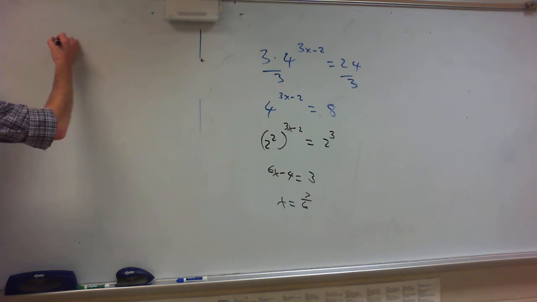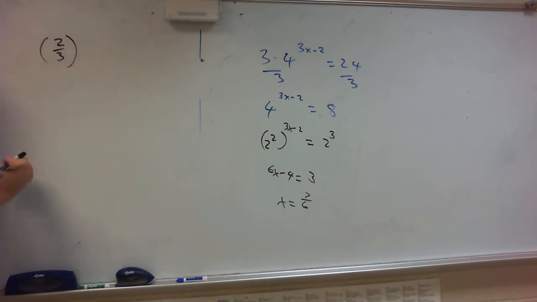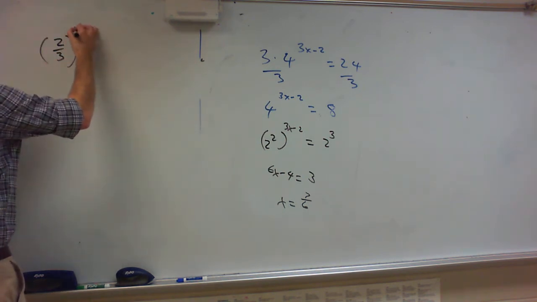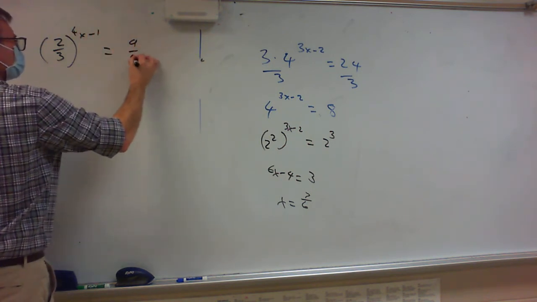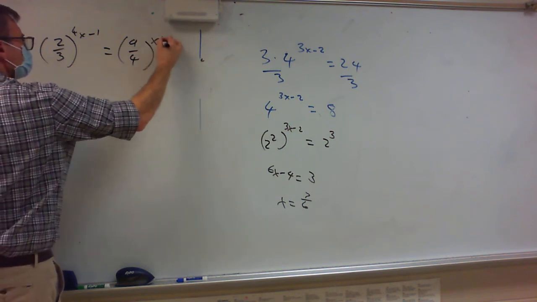Well, what if I gave you 2/3 to the 4x minus 1 is equal to 9/4 to the x plus 2?